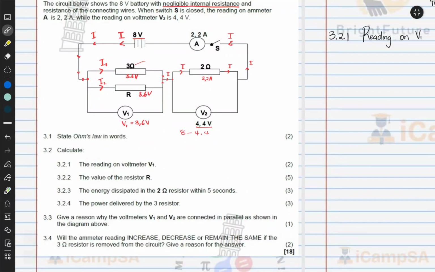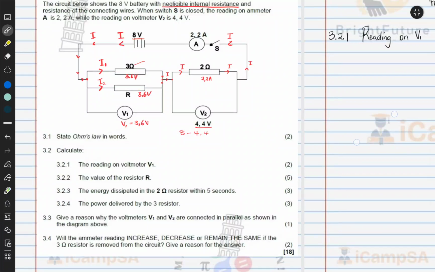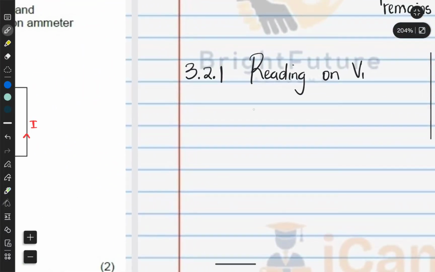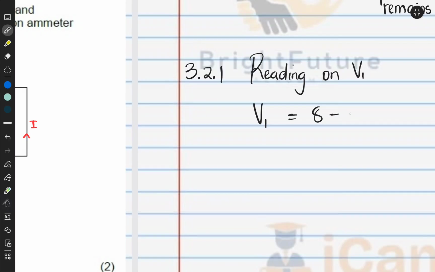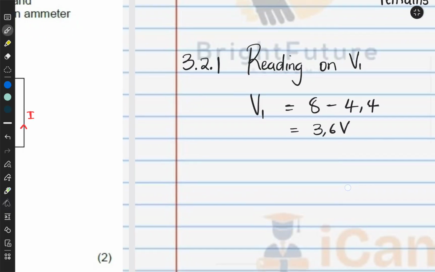So we've already done it when we were analyzing the circuit itself. So V1 is simply equal to 8 volts minus 4.4, which would be 3.6 volts. This is how you would have done it.